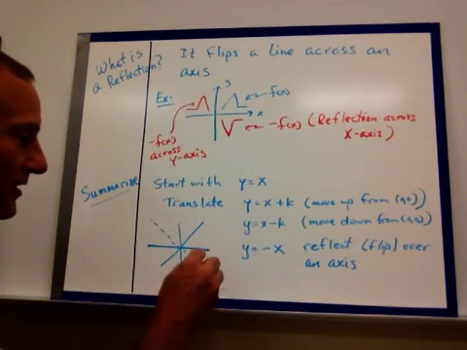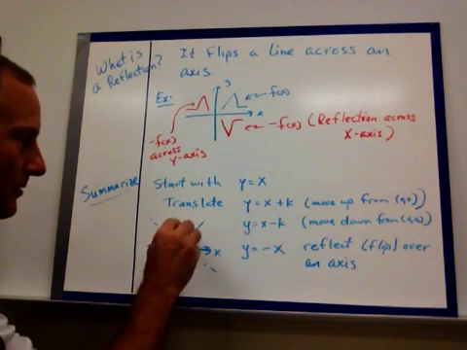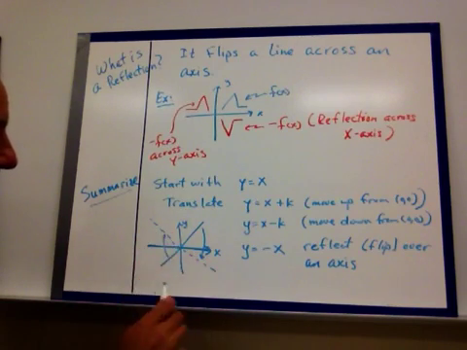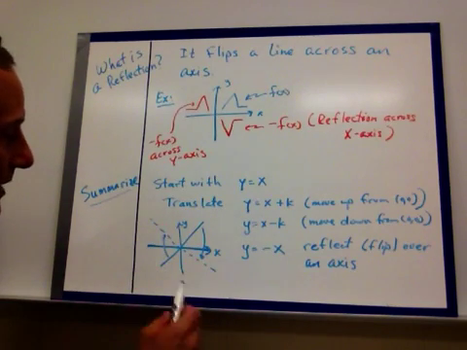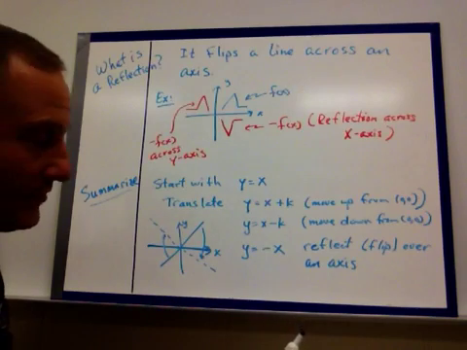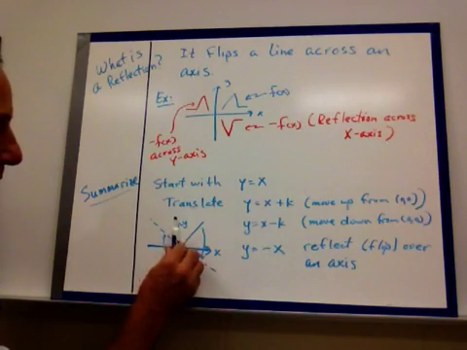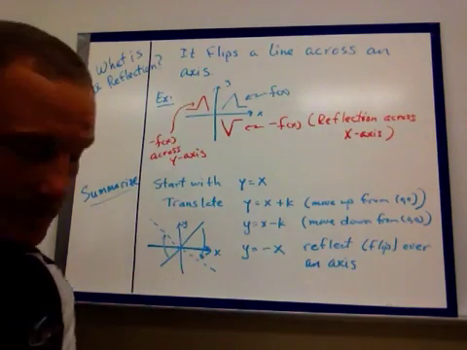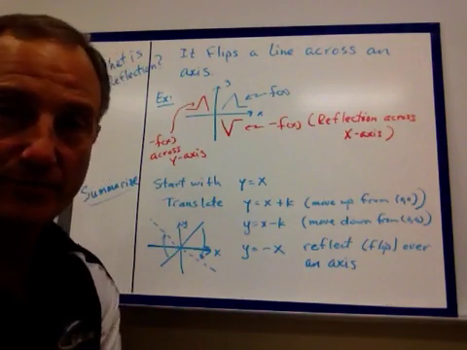If you want to go across the x-axis right here, this part would move down here, this part would move up here, so they're reflecting over the x. And it just so happens with this particular function, if you wanted to flip it across the y, this would go here, and this would go there. So you end up with the same line either way for this particular function.